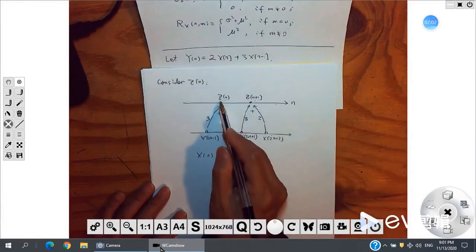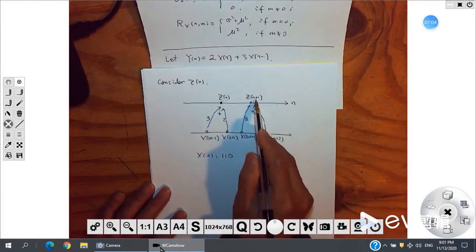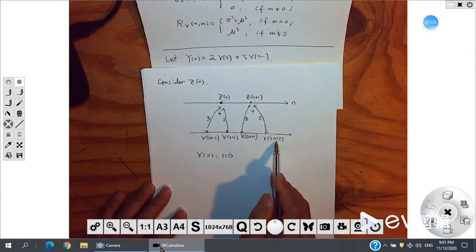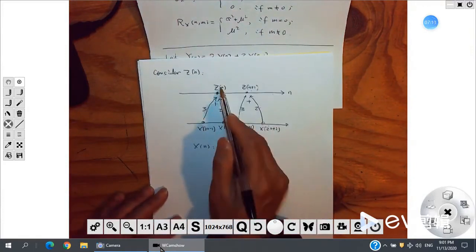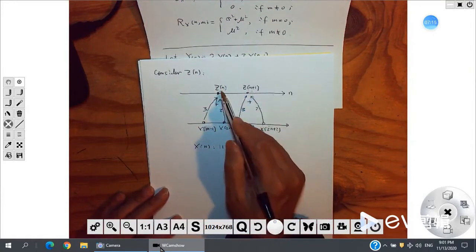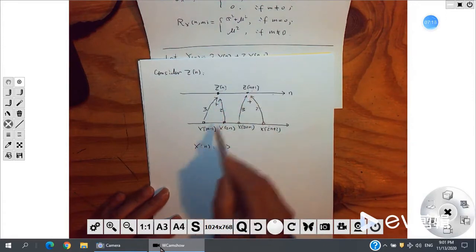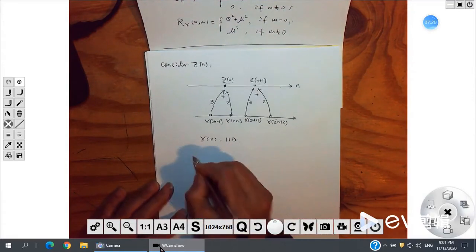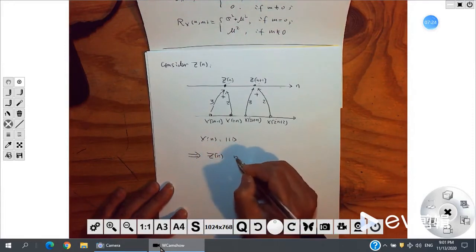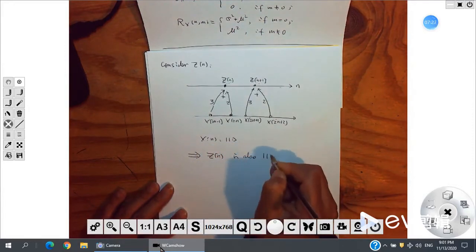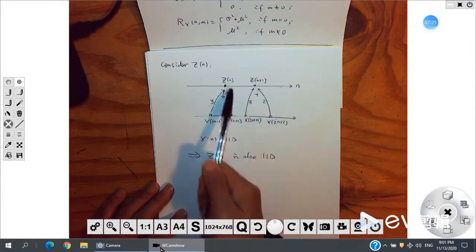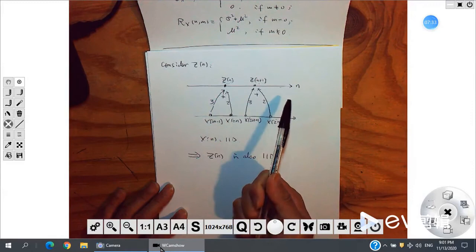This is a summation of these two, and this is a summation of these two, and all of them have the same distribution. So you use these two to get z of n, and use another two to get z of n plus 1. They should have the same distribution because these are the same. Okay, so we can know z of n is also IID. They are independent of each other, and they have the same distribution.